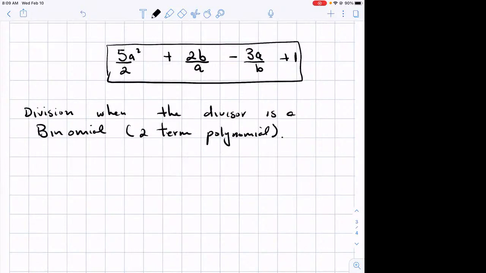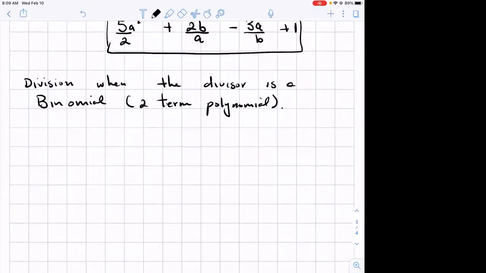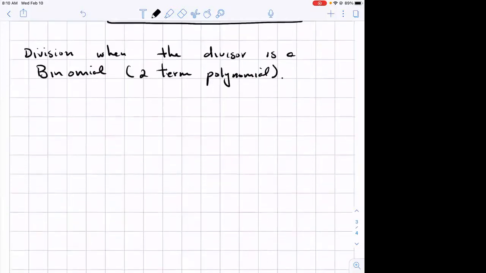So in general, we say that anytime it's a binomial or trinomial or any polynomial that's not a monomial, we have to perform long division. Well, that is true, but sometimes we can divide by factoring, and it works out that way. And I'll do the example both ways to show you that the quotient, which is known as the answer, if you perform long division, it will also work.